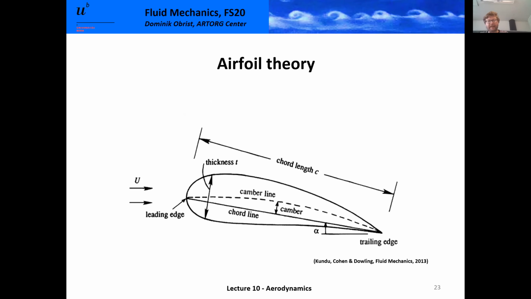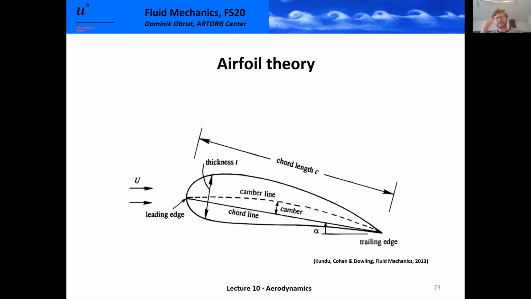And these are the basic variables or geometrical quantities with which you can define airfoils. Yeah, the thickness, and of course there's a bunch of other more complex parameters. But for a basic airfoil theory, this should be sufficient to understand what we're going to do in the flow.